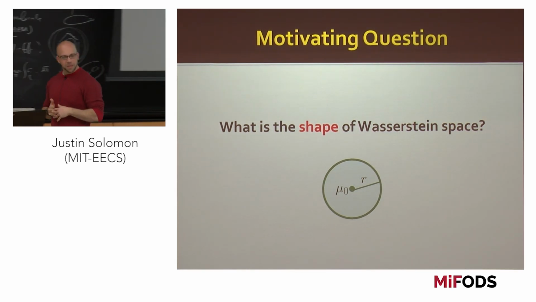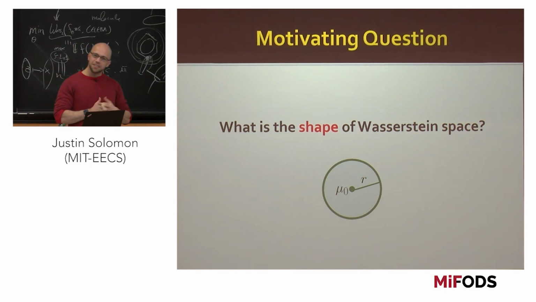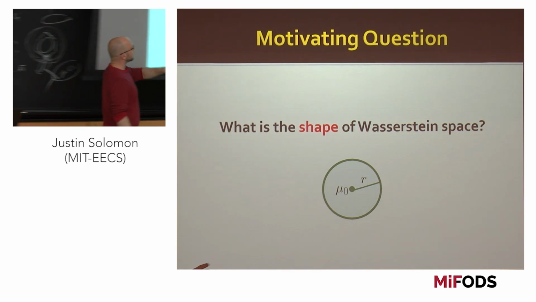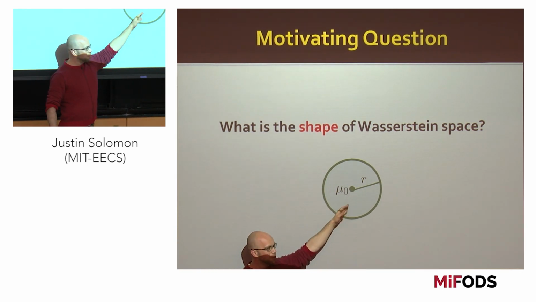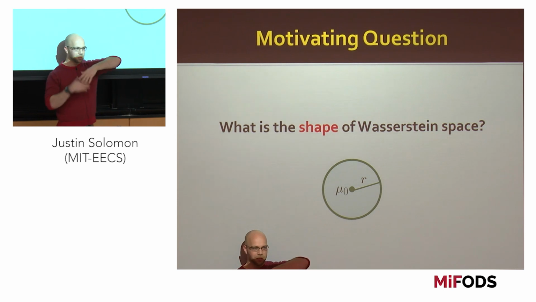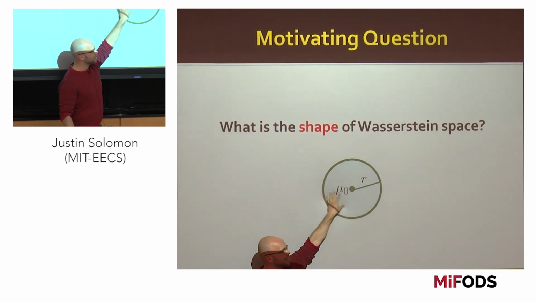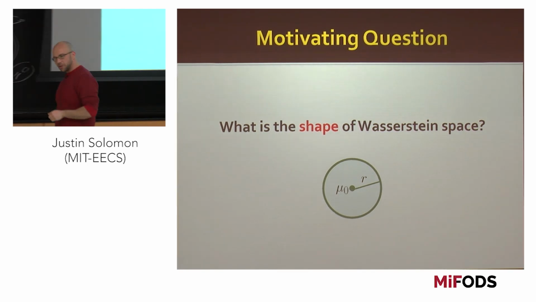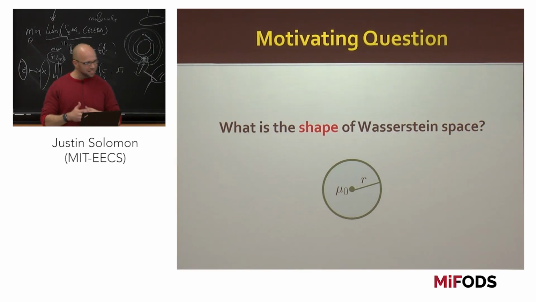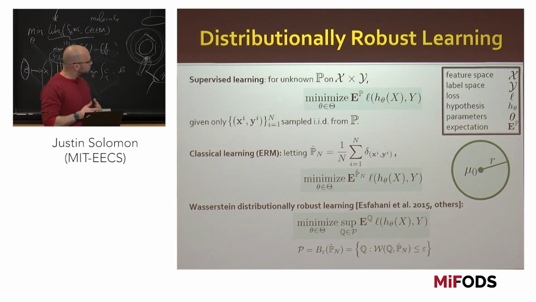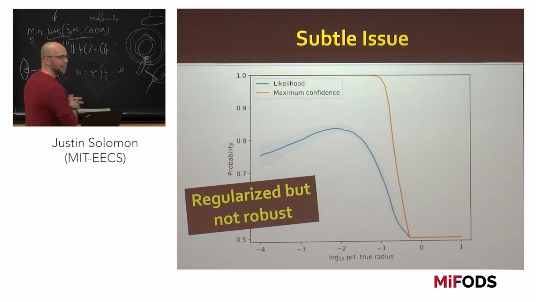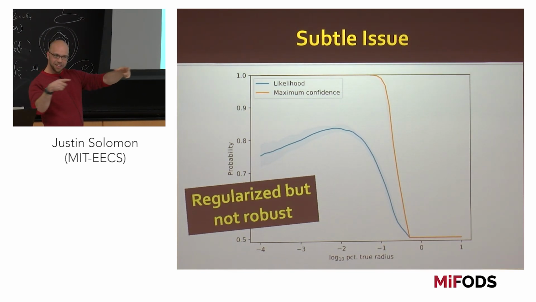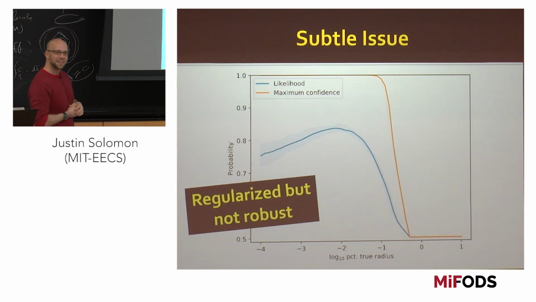And this idea turns out to be quite critical for applications in distributionally robust learning, where maybe mu naught is the data that I observe for some learning problem. But of course, when I deploy my learning system in the wild, I'd like to shield against data distributions that are somehow similar. And so it turns out that transport distance has a lot to say about this area as well. We've worked quite a bit in distributionally robust learning where your adversary is allowed to be in some Wasserstein ball.